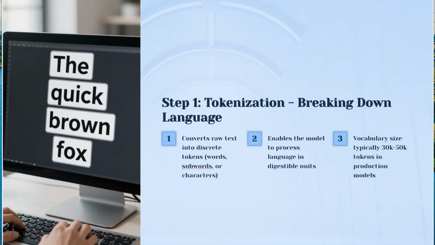Tokenizers typically operate on a fixed vocabulary, and that vocabulary is the size of some thousands of tokens, typically like 30 to 50,000 tokens. And every token in this vocabulary is assigned a unique integer ID. From this point onward, after tokenization, the model only ever sees sequences of IDs.